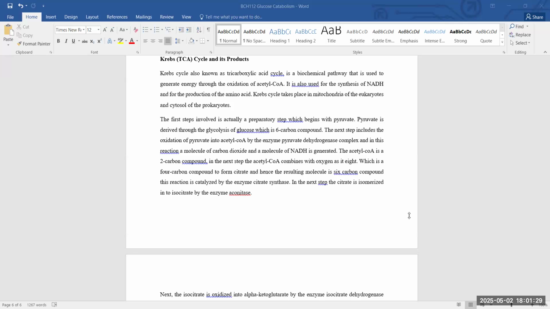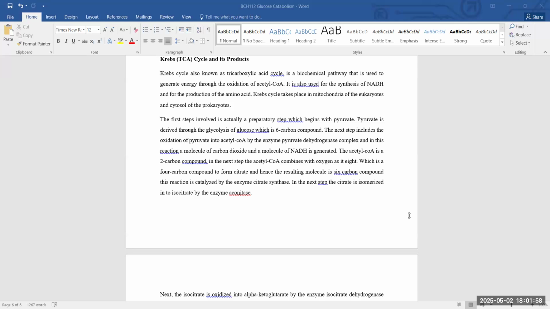For energy to be released from glucose, pyruvate is only a starting material because it's going to be used to start the next cycle. So pyruvate is only the end product of the glycolytic pathway, but not the end product of utilization of glucose to produce energy, or let me say, not the end product of glucose catabolism. I hope that is understood.